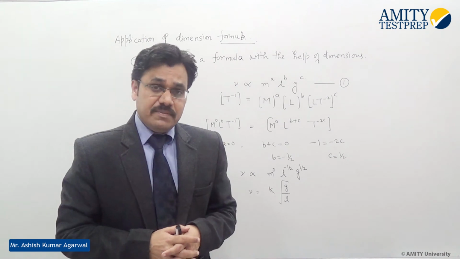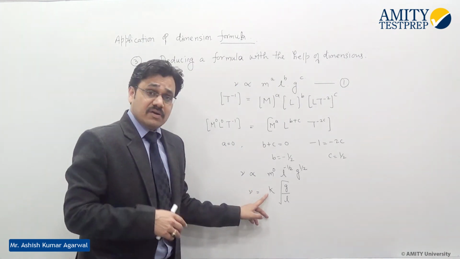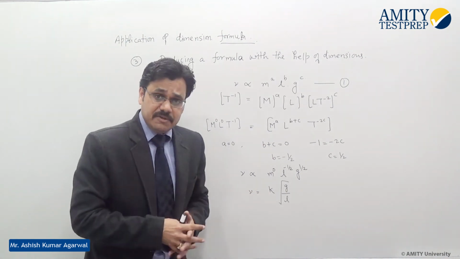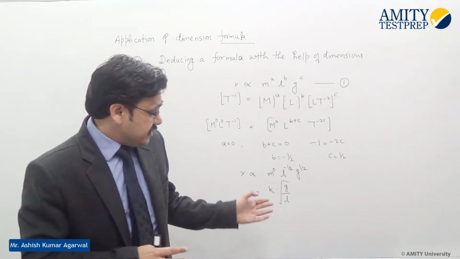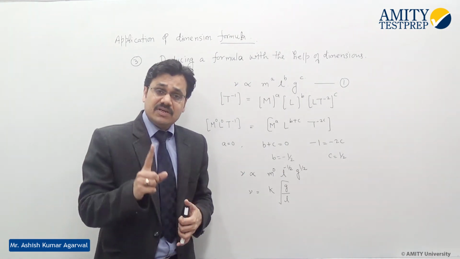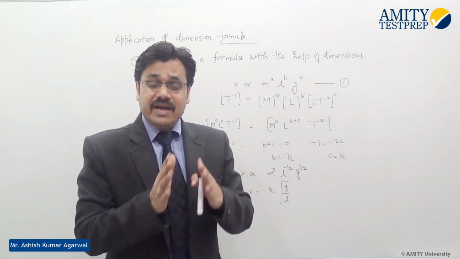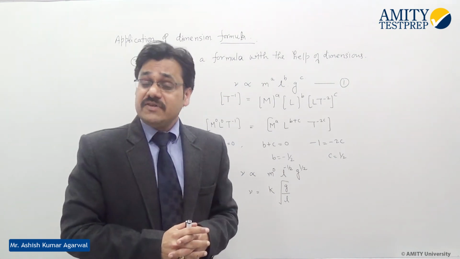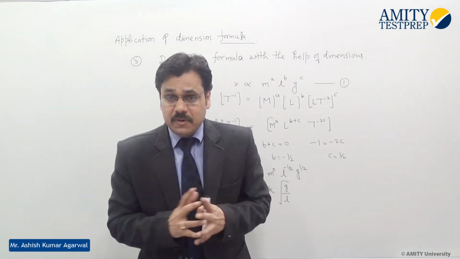If I talk about the limitations, I have clearly seen the constant: until we know the value of the constant, we can't put it in the formula. We can deduce the relationship dimensionally and relate the physical quantities, but we can't write down the constant value in the formula.